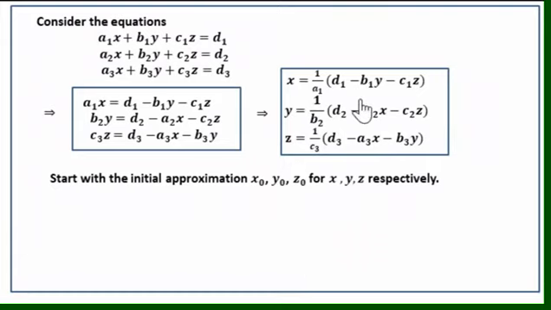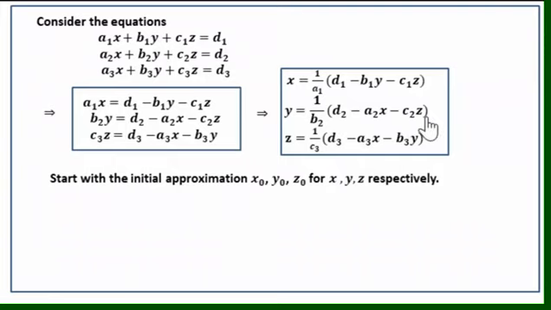Substitute y equal to y0, z equal to z0 in the first equation. We get x1 equal to 1 by a1 into d1 minus b1 y0 minus c1 z0. Once we have the new value x1 of x, we use that in the calculation of y. We get y1 equal to 1 by b2 into d2 minus a2 x1 minus c2 z0.